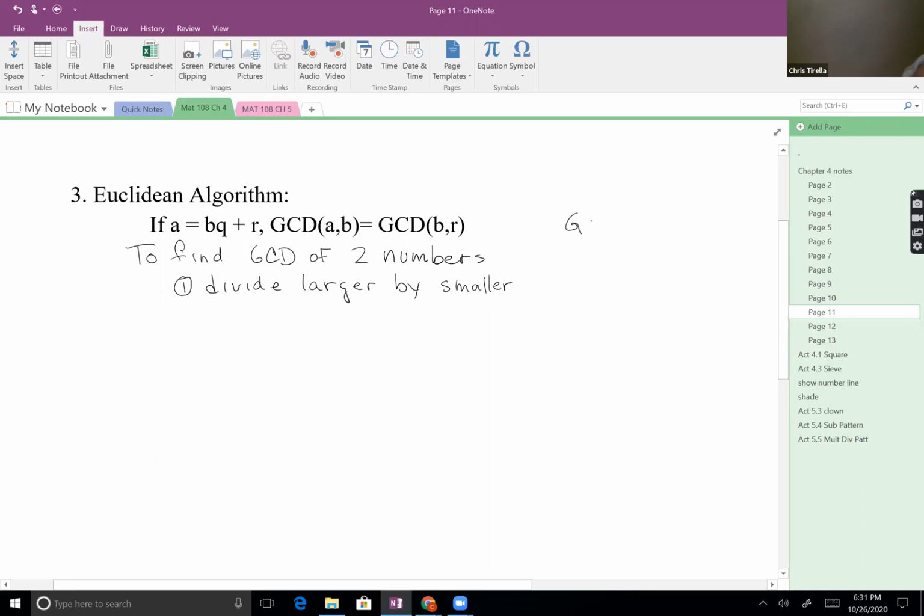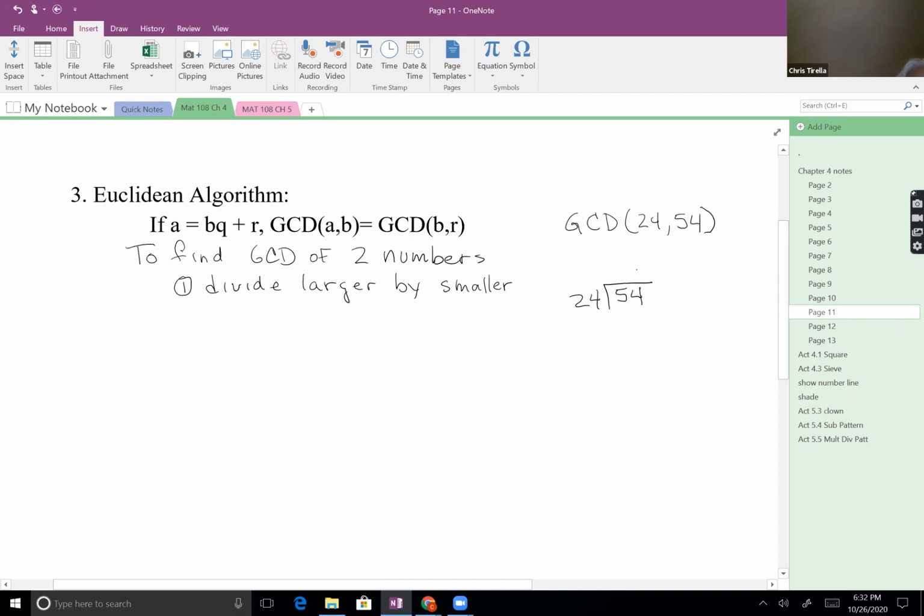So before we were looking for the greatest common divisor, let's look for the greatest common divisor of 24 and 54. So we'll take 54 and divide it by 24.